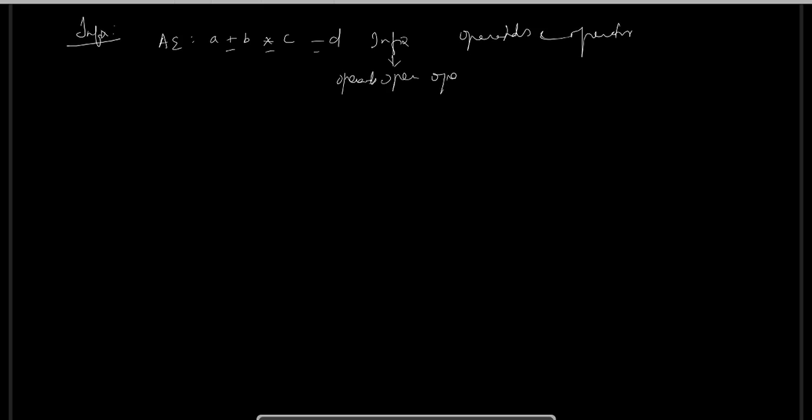Operands are nothing but the variables on which the operator will be applied. If I say A plus B, then this plus is an operator which is going to be applied on the operands A and B. I call this plus a binary operator because it needs two operands. I hope you are following me.